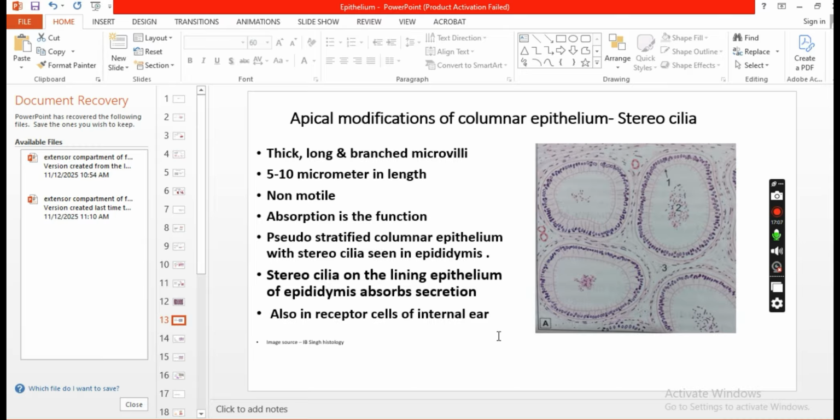The sperm and the secretion from the testis are taken into the epididymis and stored there, and the stereocilia in the epididymis absorb the extra secretion reaching from the testis. Okay, it's also seen in the receptor cells of the internal ear. They are longer than the microvilli and branched, about 5 to 10 micrometers in length.